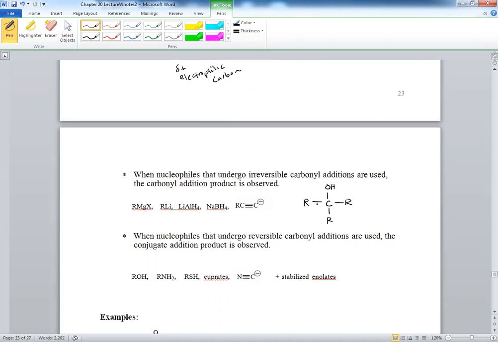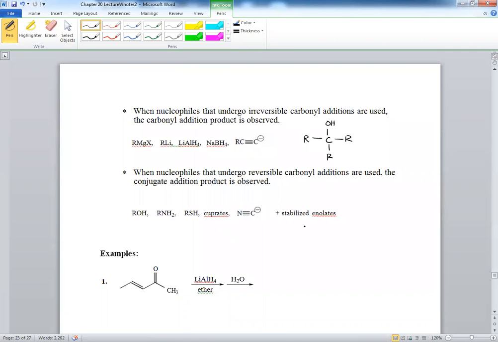That's the addition product. Or if it was sodium borohydride, if you recall, lithium aluminum hydride, etc. Sodium borohydride has its certain reactions with ketones and aldehydes. When nucleophiles that undergo reversible carbonyl additions are used, the conjugate addition product is observed.